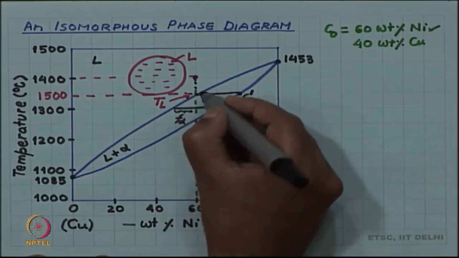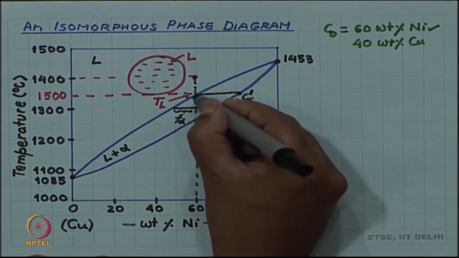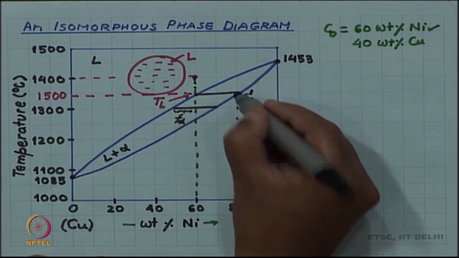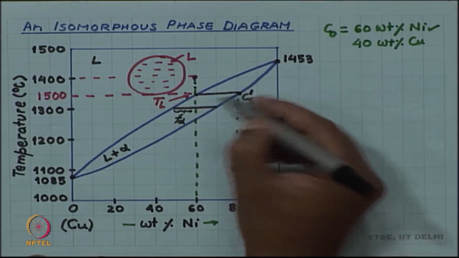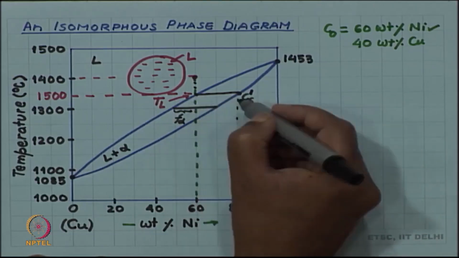So, you can see here if I really apply the tie line rule, my F alpha arm was really 0. So, the first solid is just going to begin only if you lower the temperature a little bit, then you have a small arm.